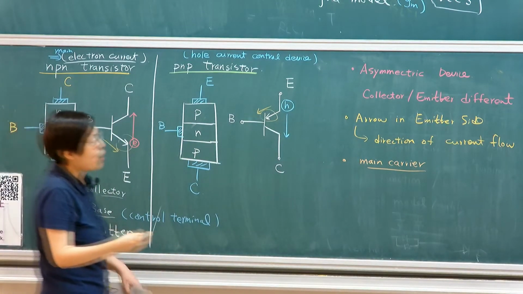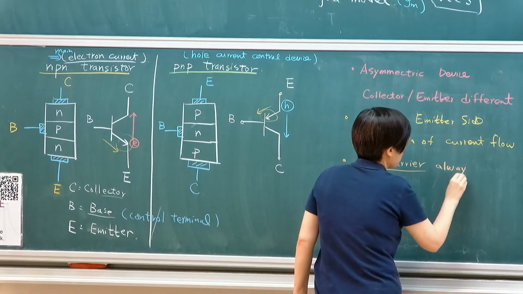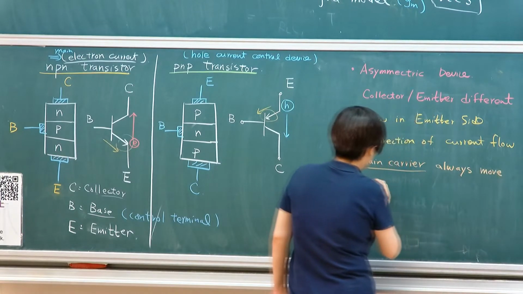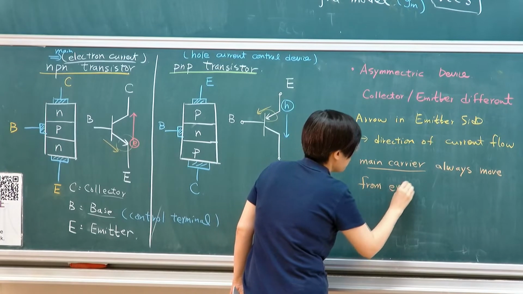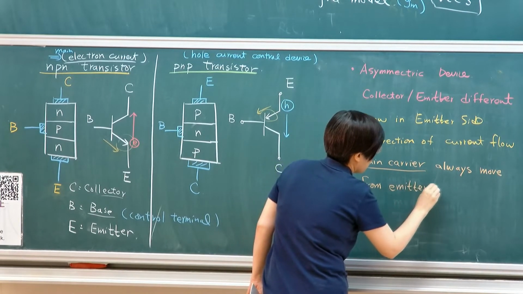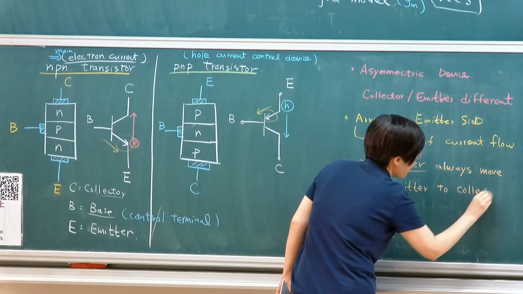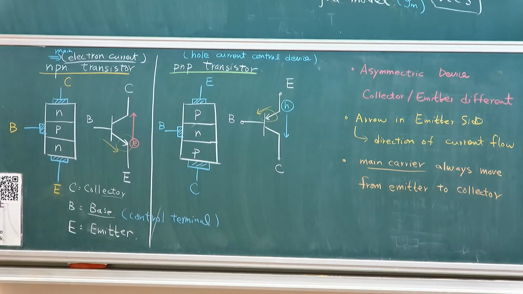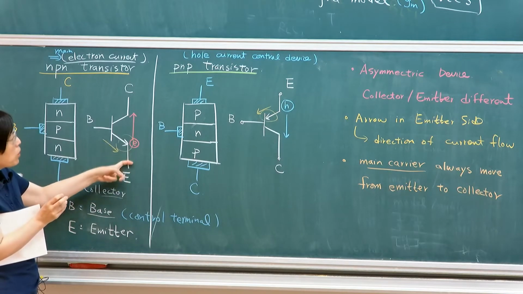So the main carrier, on operation, always moves from emitter to collector. So you emit the carrier. The basic idea of using this name is that you always emit the carrier and then allow the electrons to move from emitter to collector.